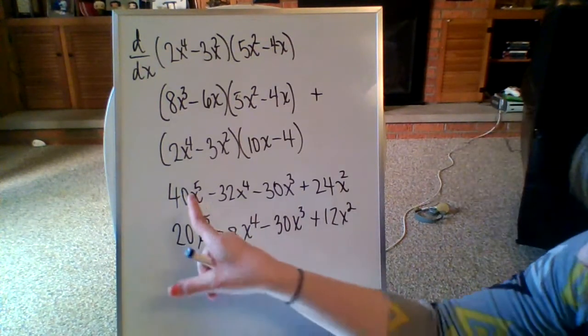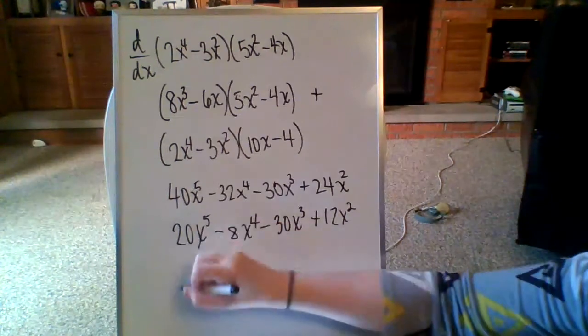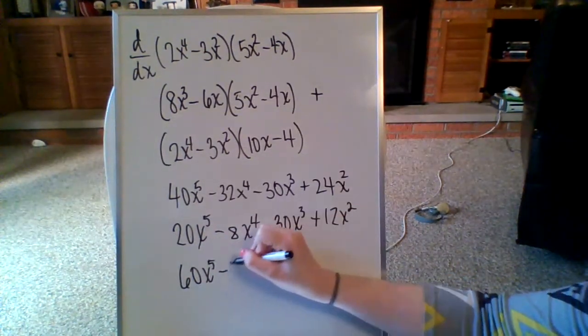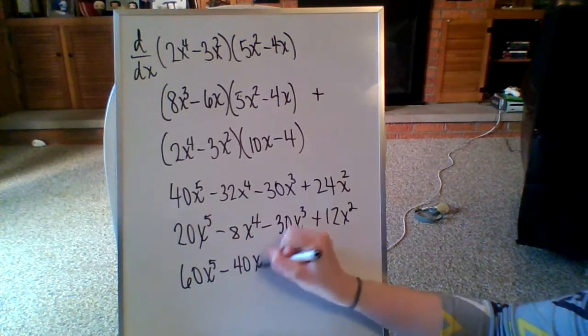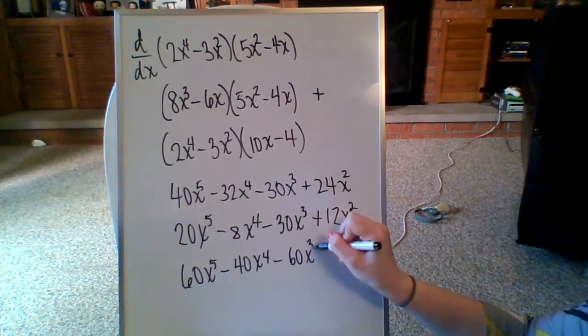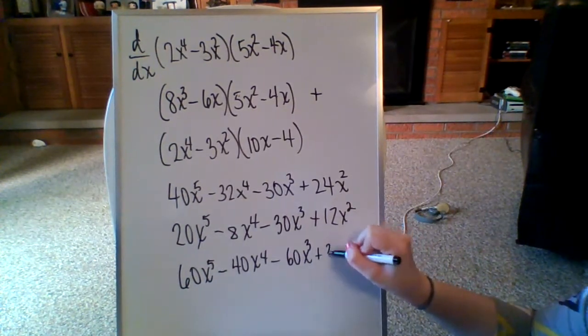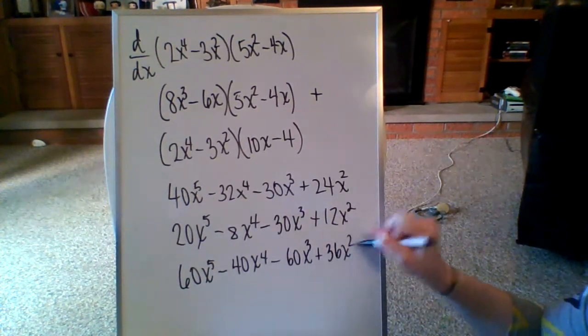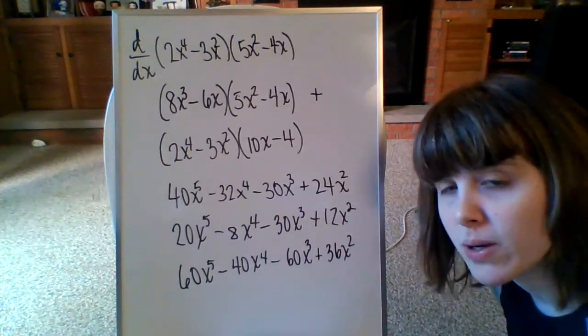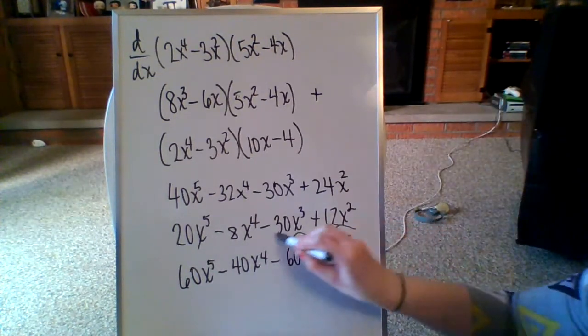So, as you can see, they kind of line up here. So we have 60x to the fifth minus 40x to the fourth minus 60x to the third plus 36x squared. Okay, so that's quite the problem, but there it is.